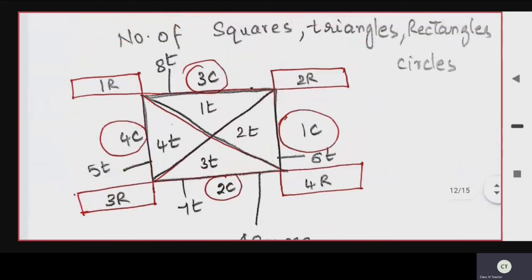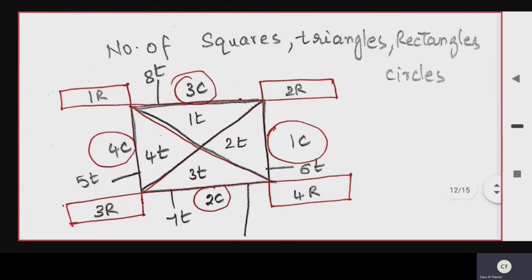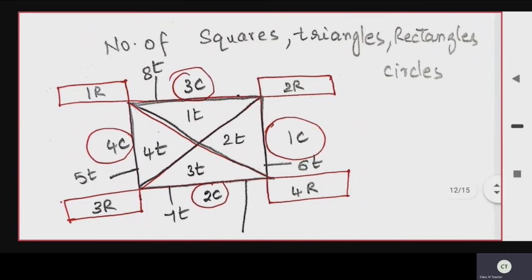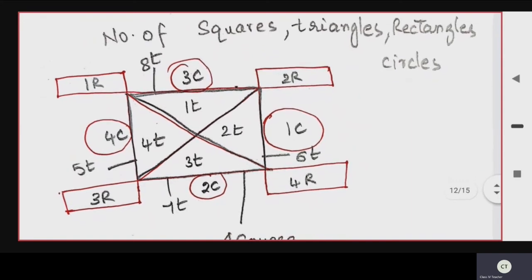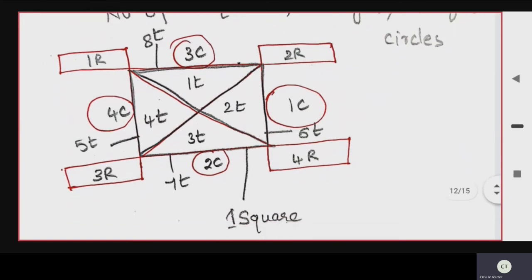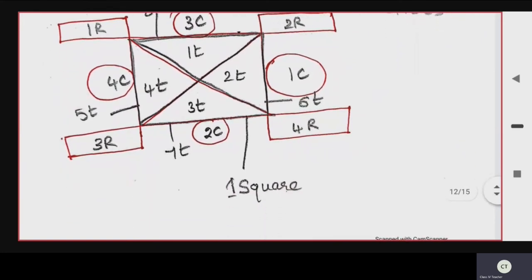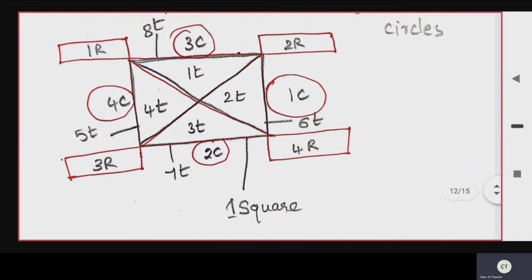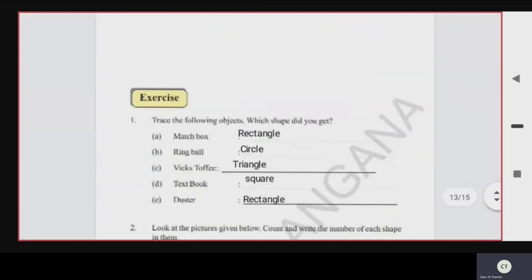So the next diagram, number of squares, triangles, rectangles and circles. Circle I have named as C, for rectangles R is written, triangle means T, square means S. So you have only one square, that is the center one, and you have 4 rectangles, 4 circles and 8 triangles.